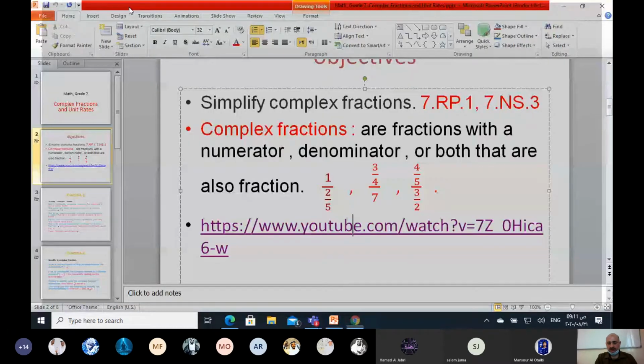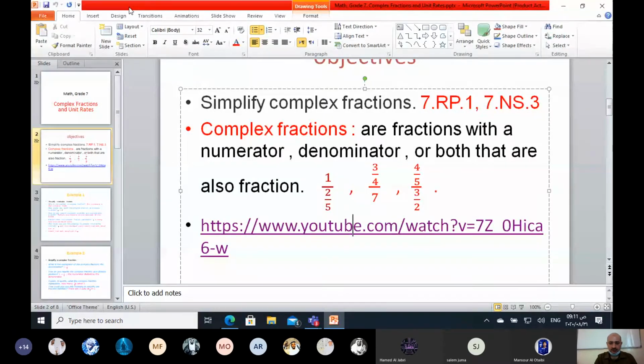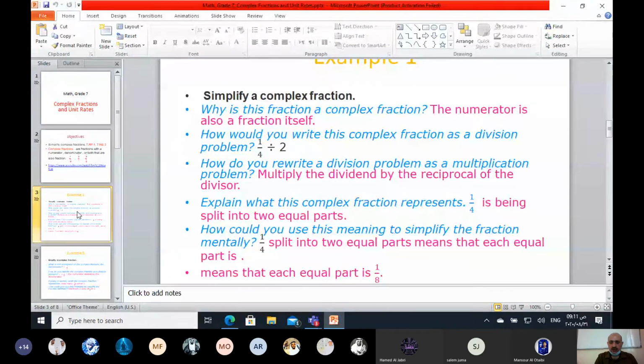Okay, this is about complex fractions. For example, here we want to solve this example mentally. Then in the next example, we can use the rule to simplify a complex fraction.